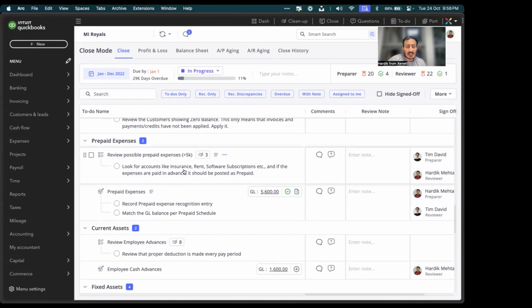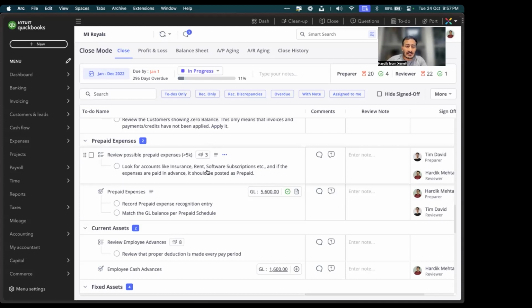So the number one thing I do is specifically look at those accounts in my profit and loss to make sure there are no payments that are eligible for prepaid expenses. I created a rule that anytime there are any expenses above a certain amount, which could be $2,000, $3,000 or $5,000, whatever you decide for your client, you check those transactions to see if they are actually prepaid expenses or not.